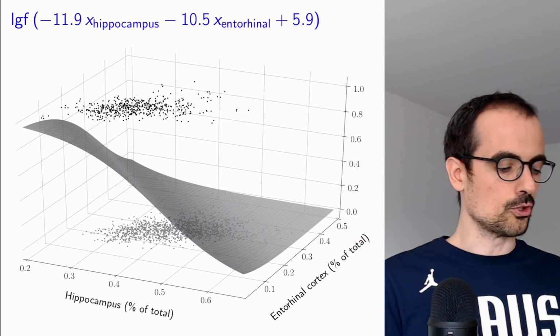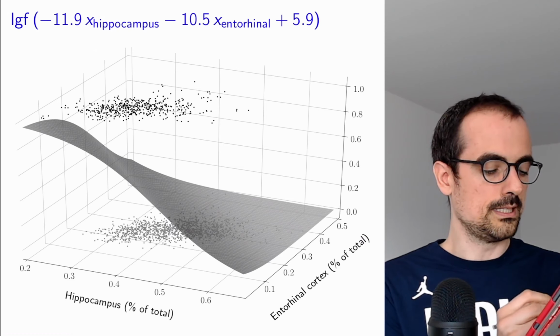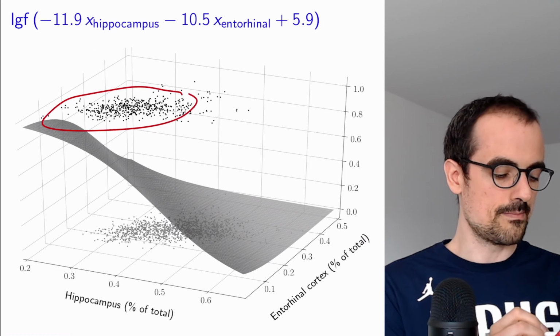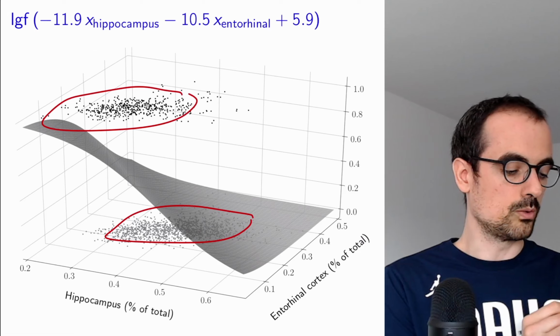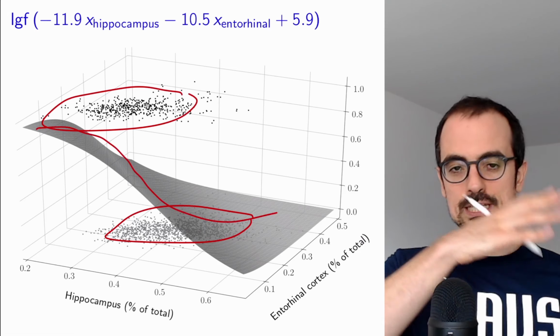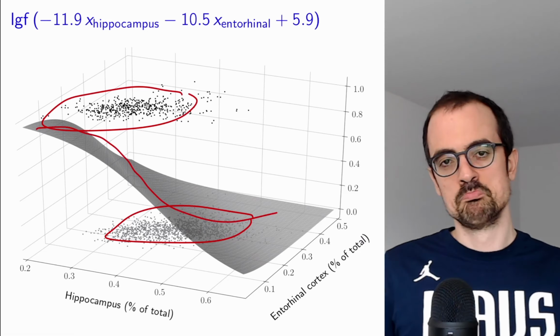I've plotted also, it's a little bit difficult to see in 3D, but these are the patients with Alzheimer's and these are the healthy patients. Here what we obtain is this logistic curve in 3D that separates them, ideally.